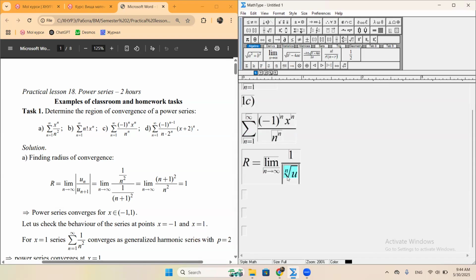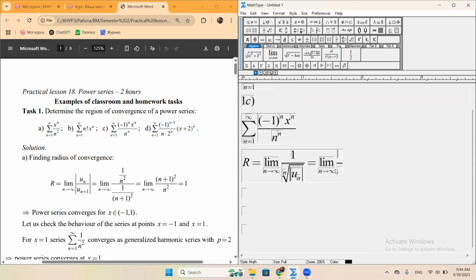Oh no, the module is inside of the root, actually. For the radical Cauchy test, this root is in the numerator, but in this case, it's in the denominator.